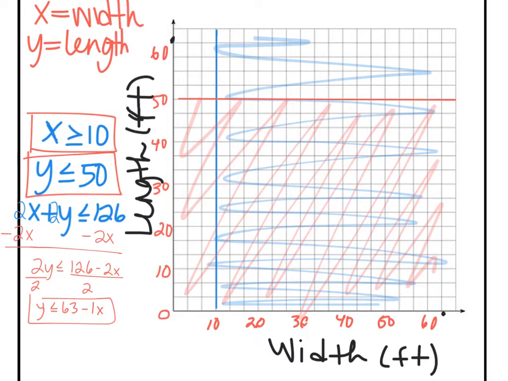But if you want to use a slope, that's fine too. You'll get the same thing. You could just put a bunch of little points along the way. You'll end up there. Connect them. Y is less than or equal to, so shade below.